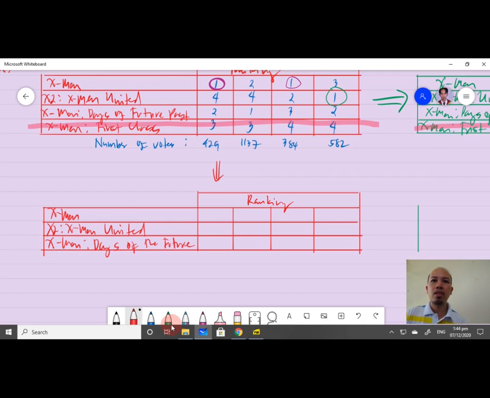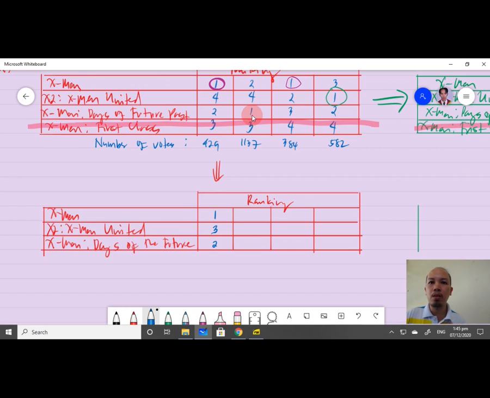Since this one is eliminated, we have here 1 is fixed. Sorry, let's try this color blue. 1 is fixed here. 2 is fixed, cannot move up to 1, but our 4 becomes 3. Here we have 1, 2.